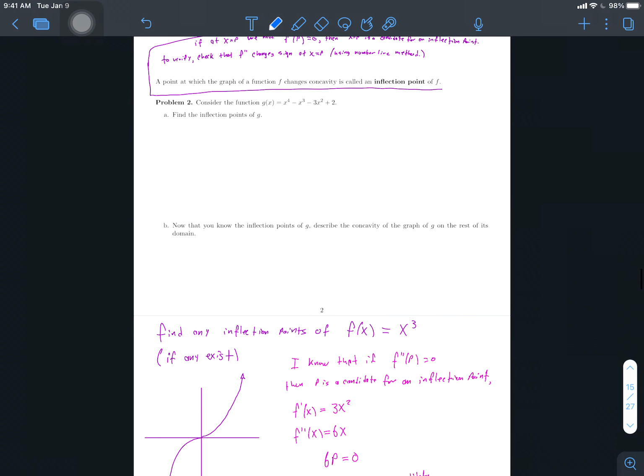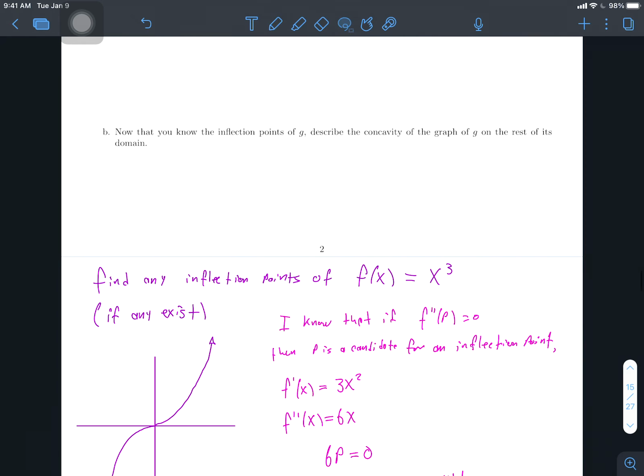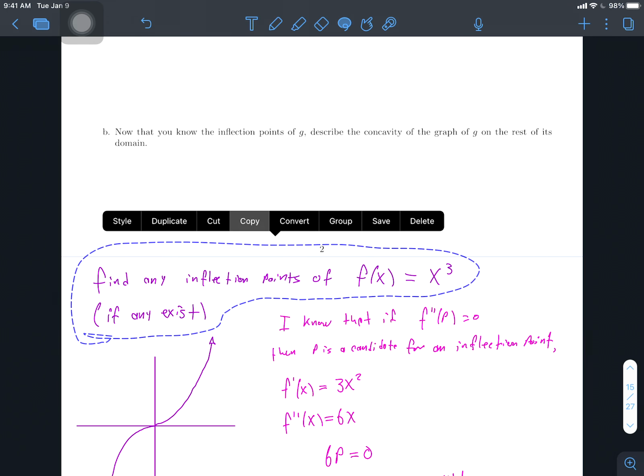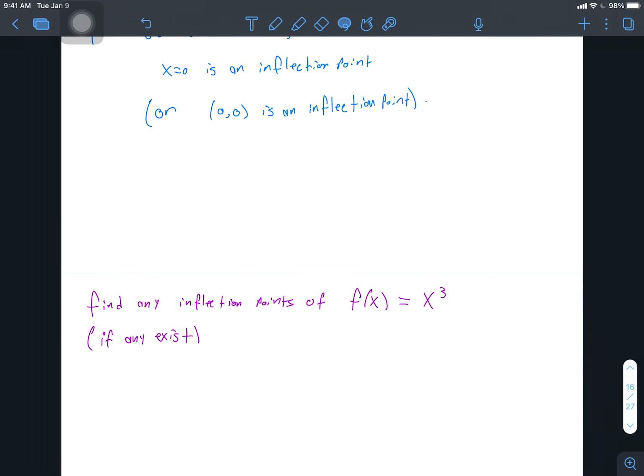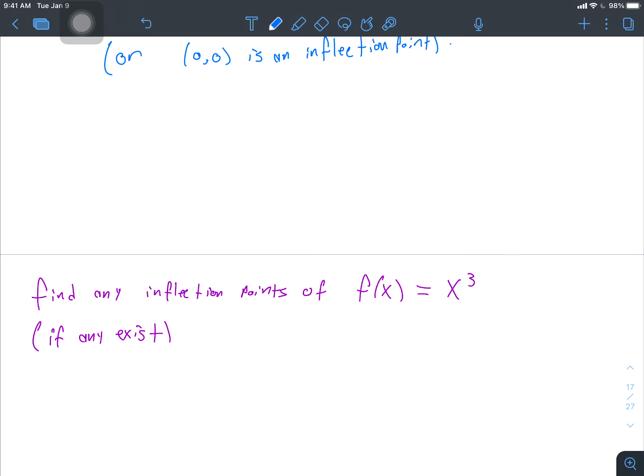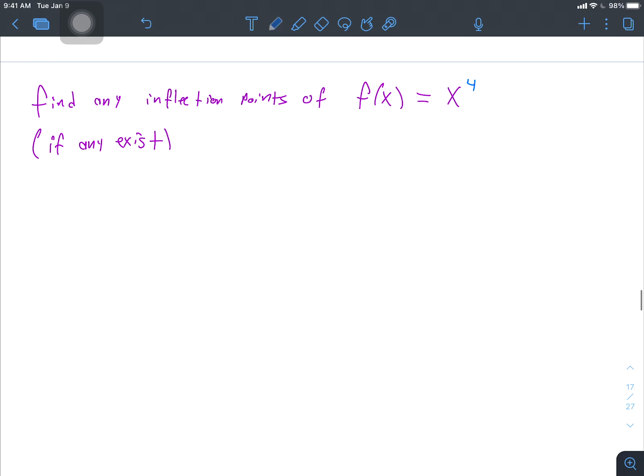So let's repeat this exercise. Let's find any inflection points of the function. Instead of x cubed, we're going to do the function f of x equals x to the 4th power. Well, I know that if I have an inflection point, it will occur at a location where the second derivative is 0.